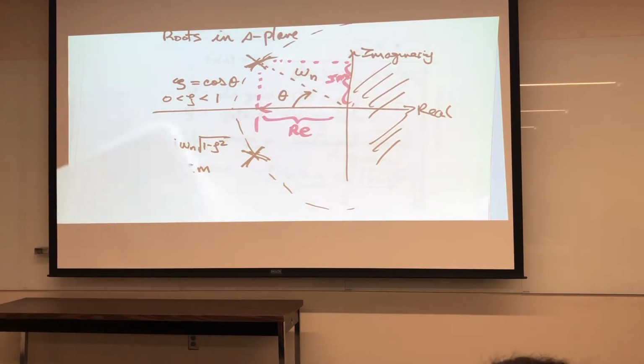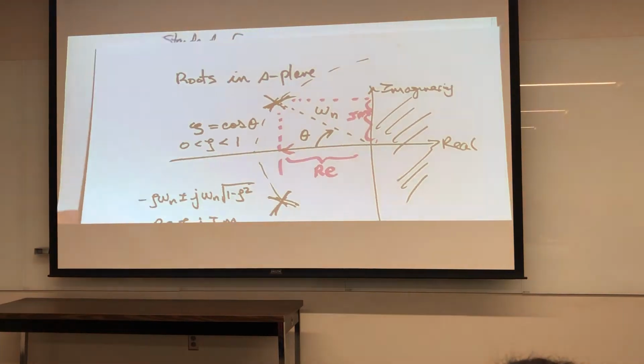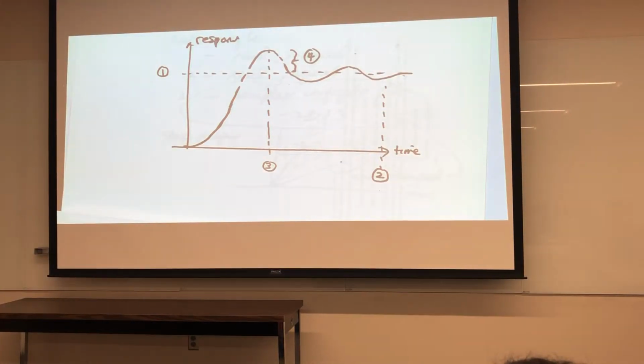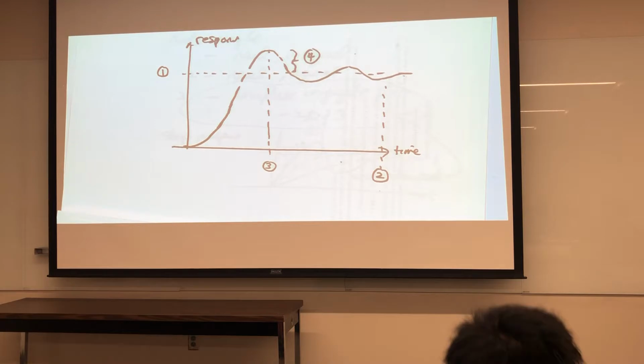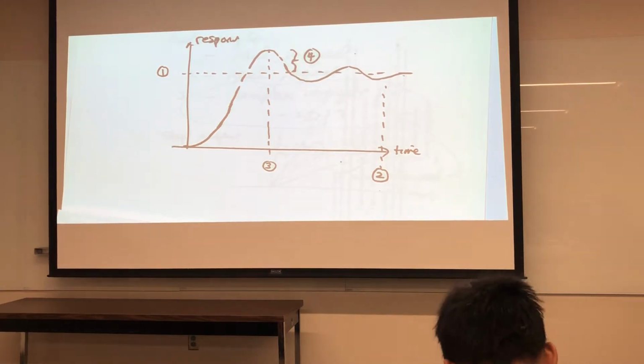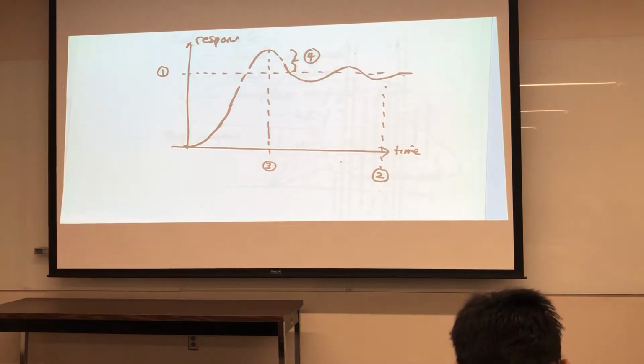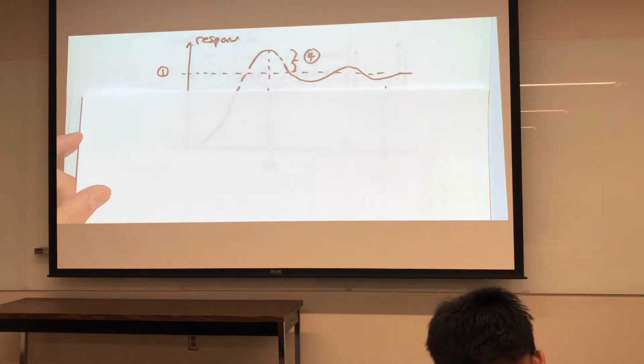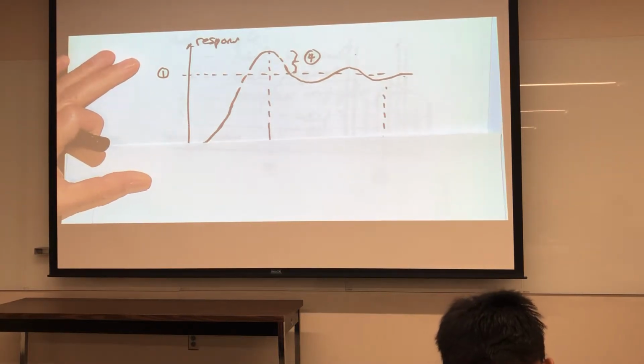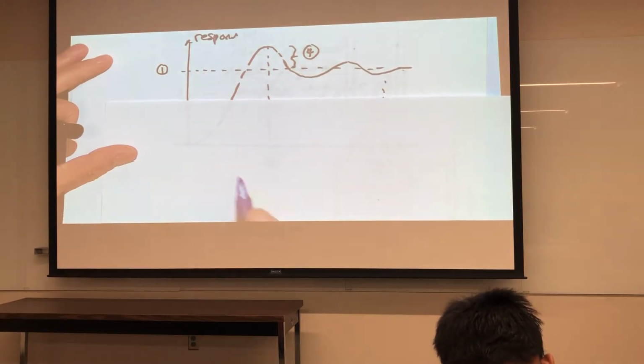All right, so let's now go back. We're trying to get this response, or we see this response, and we would like to characterize it in the model. So let's write some equations for the different characteristics.